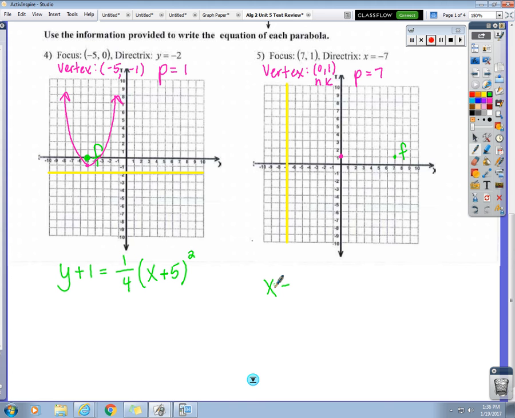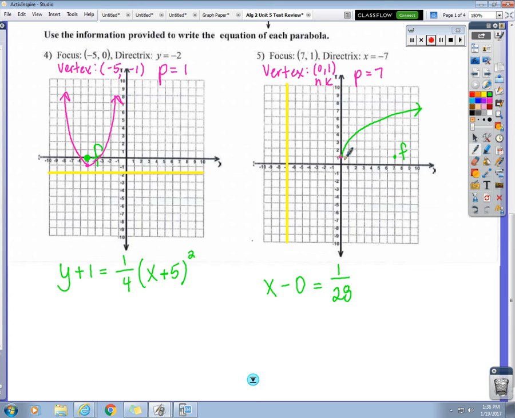Remember, it starts with x this time because we're dealing with a vertical directrix. So x minus h, which is 0, equals 1 over 4 times, which would be 28. Which way is this parabola going to open? To the right.